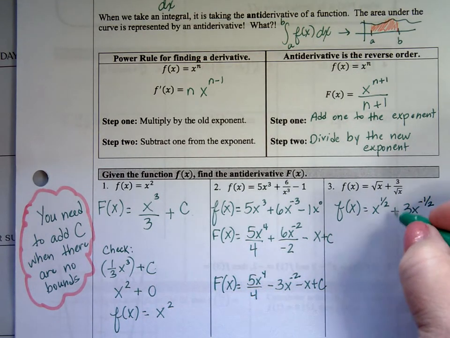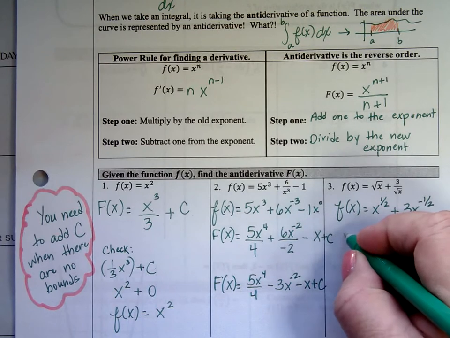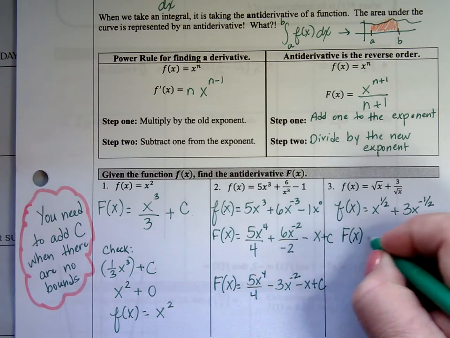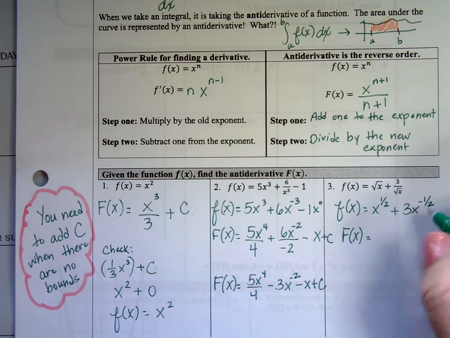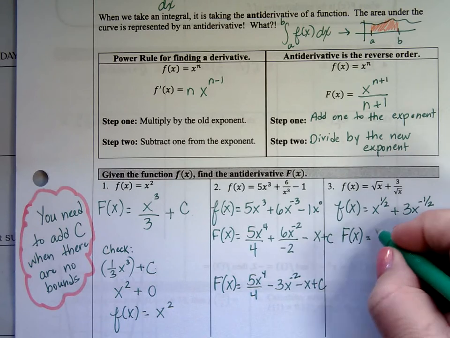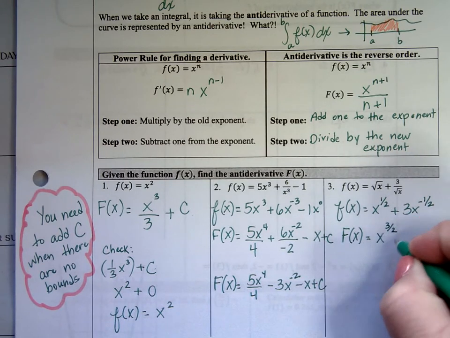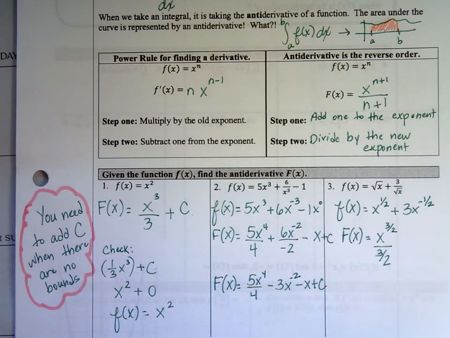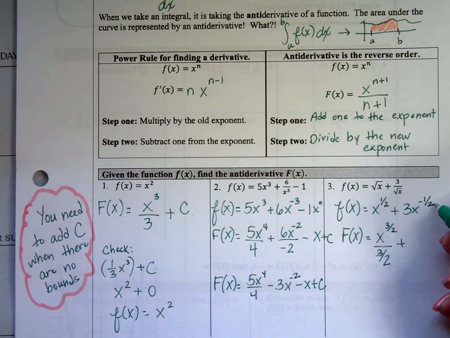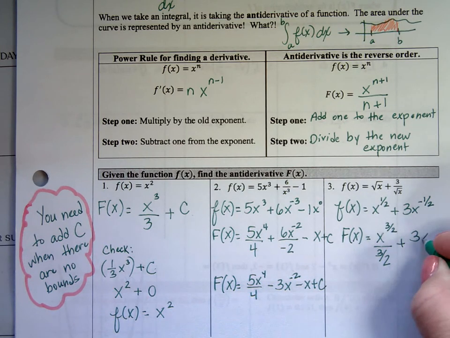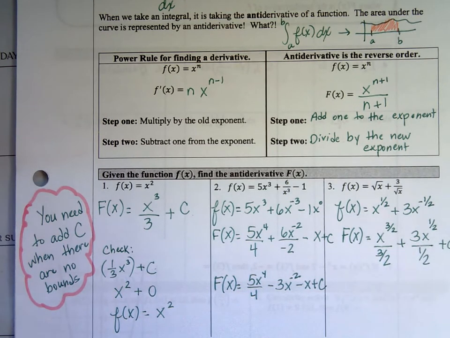All right, if I were to apply the rule, now you've got to watch it with your fractions, capital F of x, add a power on, 1/2 plus 1, 1/2 plus 2 over 2 is 3/2, x to the 3/2, divided by that power, 3/2, plus, add a power on, x to the, this is a 3 in front, x to the negative 1/2 plus 1/2, plus 1 gives you a positive 1/2. So now it's x to the 1/2 power over 1/2 plus c.